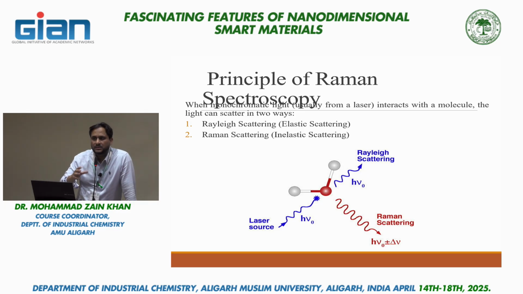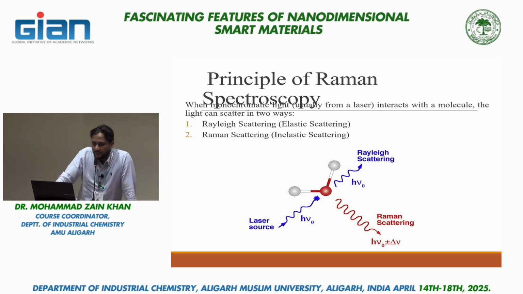When the interaction is elastic, nothing will change. The energy and wavelength of the light that falls on the sample, because it is an elastic interaction, the same amount of energy is being carried by the scattered light. Since there has been no change, it is of no use.